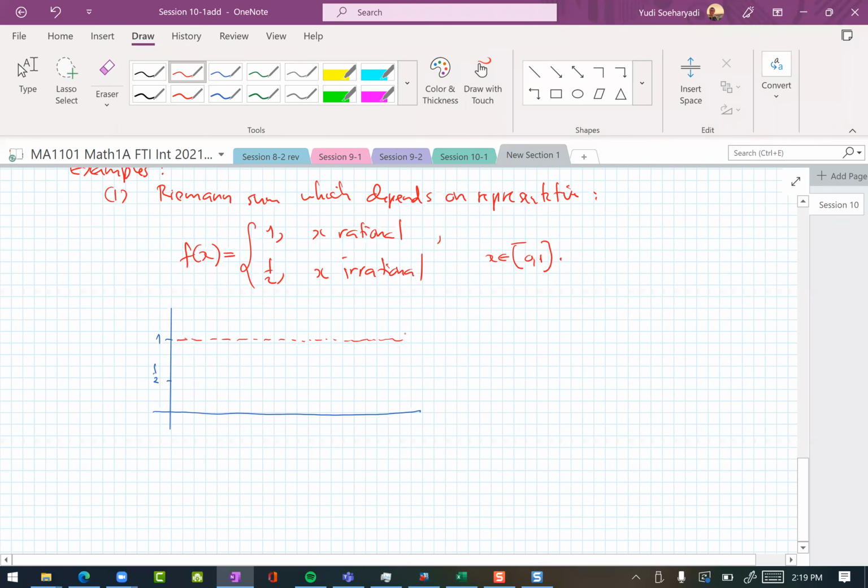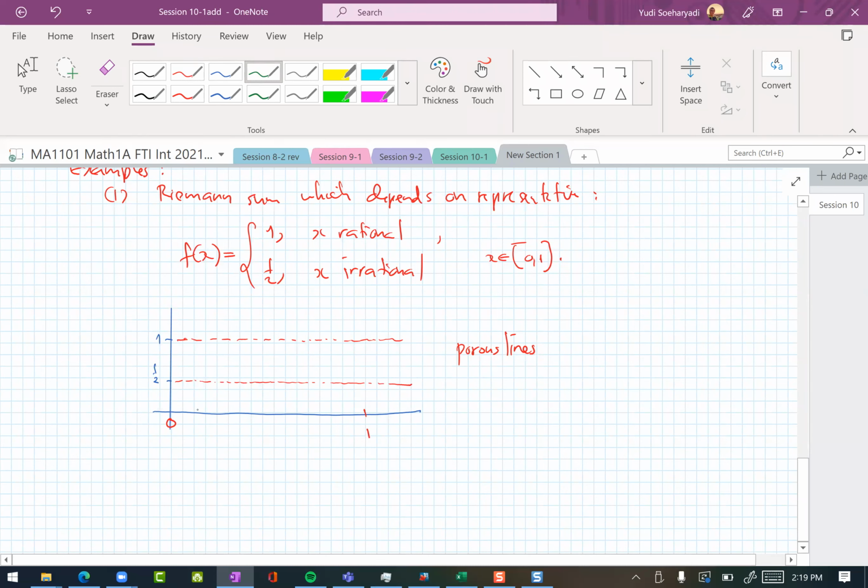So if x is rational, the value is 1. If irrational, then this is 1/2. So if the value is not here at 1/2, then the value should be here at 1. Both are what we call porous.